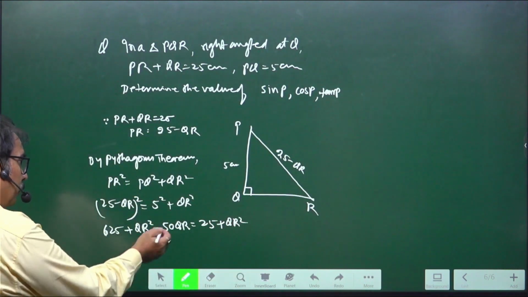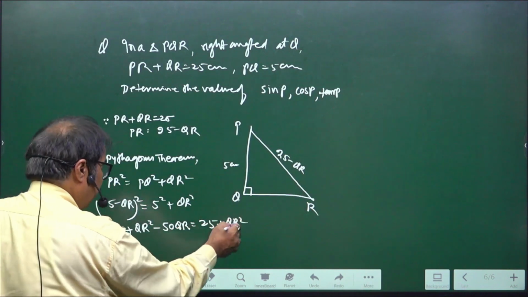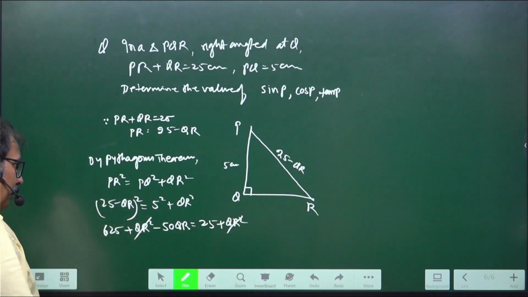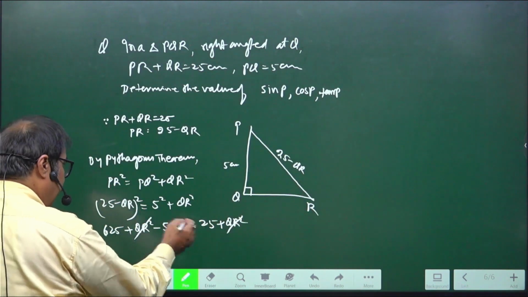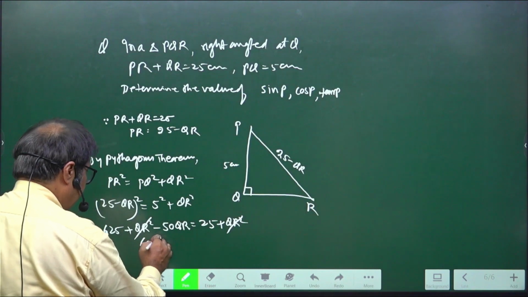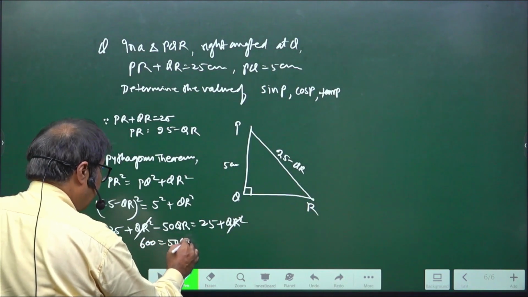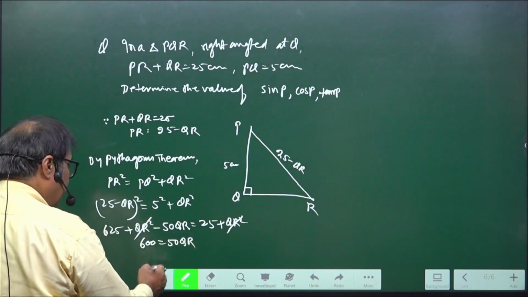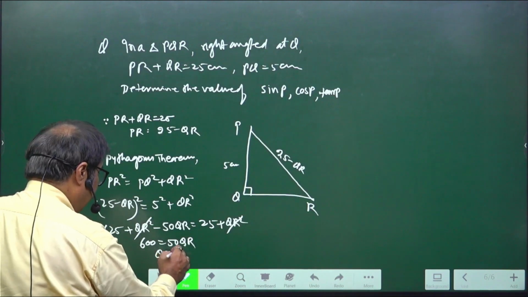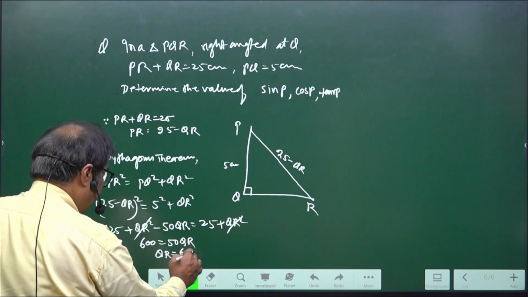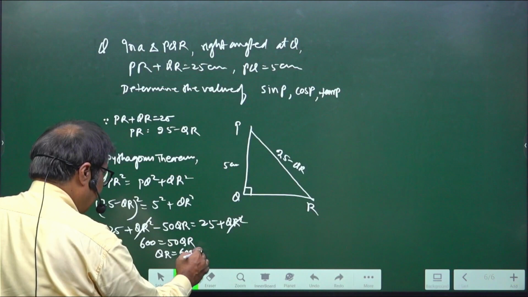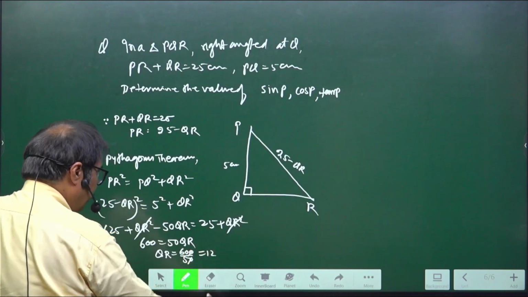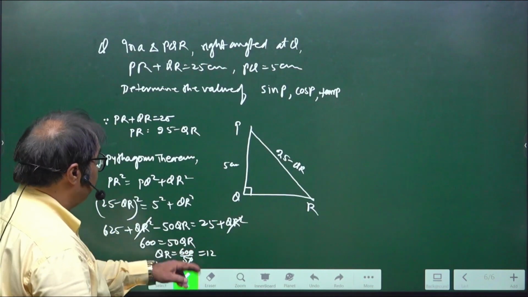Now do the like terms. This QR square and this QR square will cancel out. So 625 minus 25, 600, is equal to 50 QR. So QR is equal to 600 upon 50, which is 12.